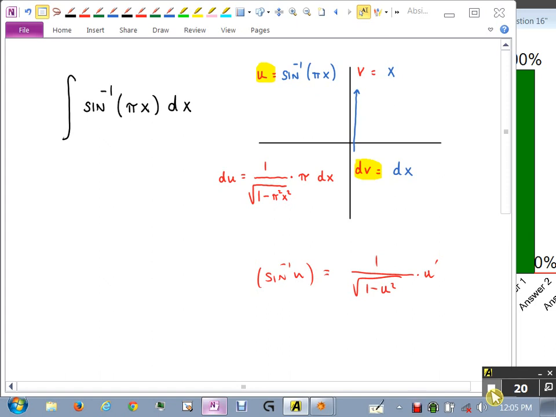All right. Now, I did this just because that was the only option we had. But let's take a look, because you always want to be trying to look a little bit ahead of where you're going. Is this going to be useful to me at all? I need to look at what my new integral is going to have in it. So if I take v and multiply it times this ugly thing, am I going to be able to integrate that?